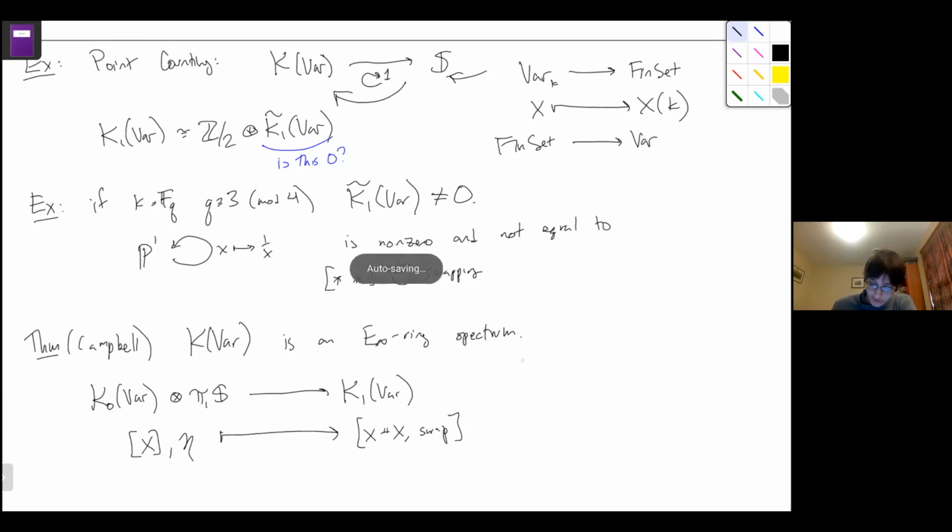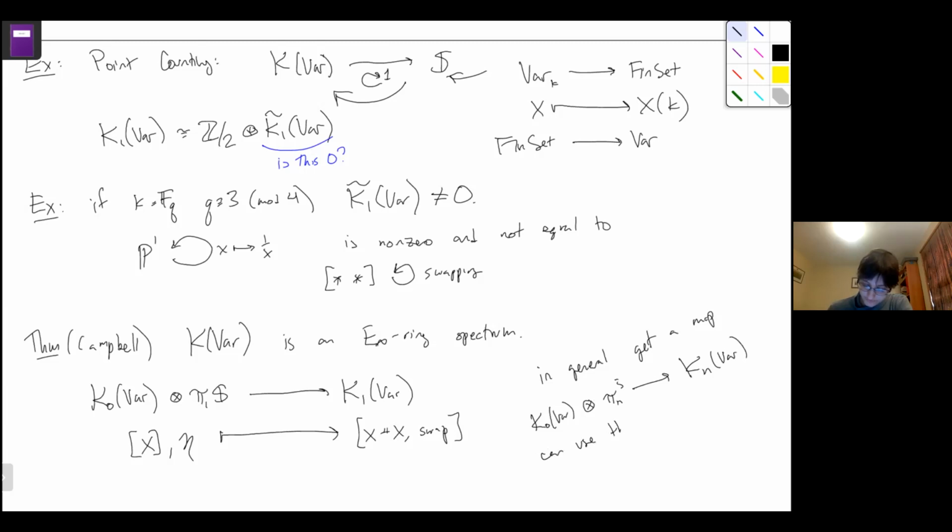I will quickly mention, in general, we get a map from K0 of varieties tensor the nth stable homotopy group, and this is going to map to Kn of varieties. And you can use this to show that when the base field is, I think, C, and I didn't actually check this, I think you need algebraically closed in characteristic 0 and not much else.